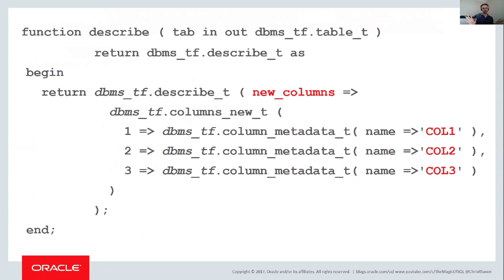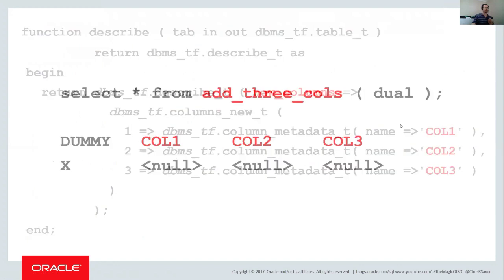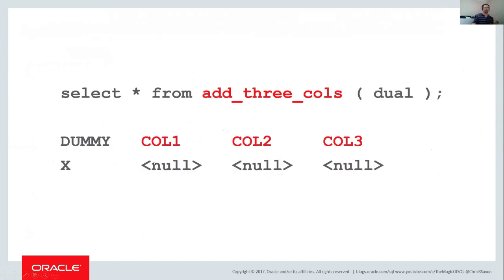So that's all this PTF is going to do. So we've got a describe function that looks like this, and what we're saying is we've got 3 new columns, column 1, column 2, and column 3. And this is going to go in the package. I'll then create the PTF, the function, add 3 columns. So we can do that, and we pass in dual like that, and we get 3 columns with no values in their output because I didn't have a fetch rows procedure to assign them any values.